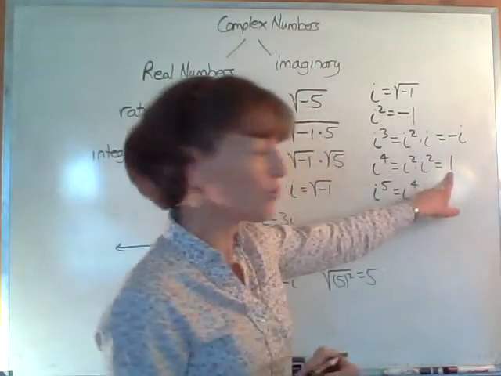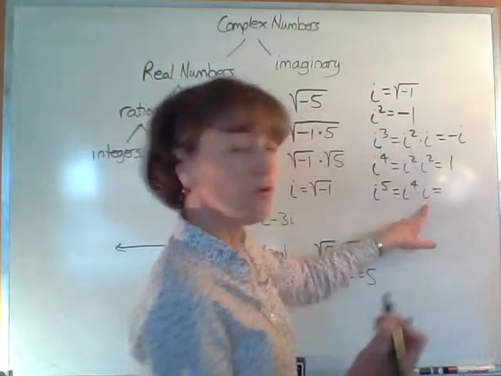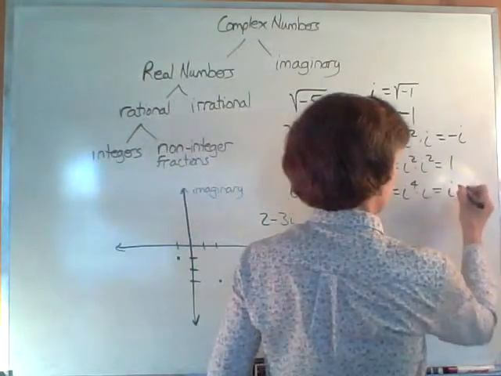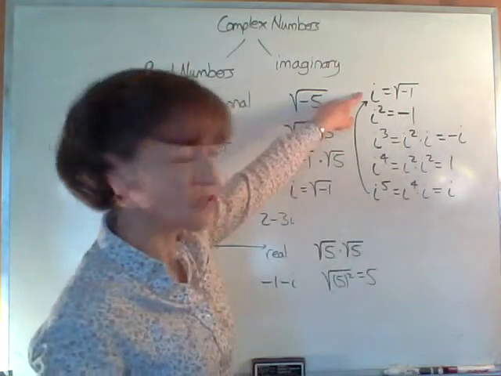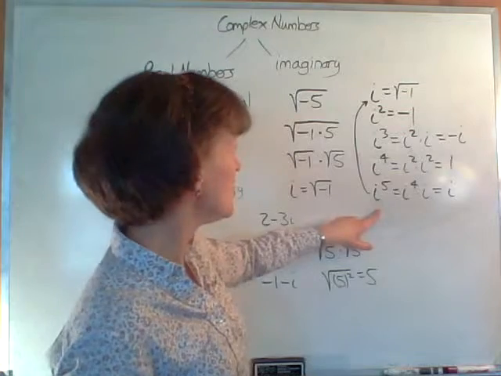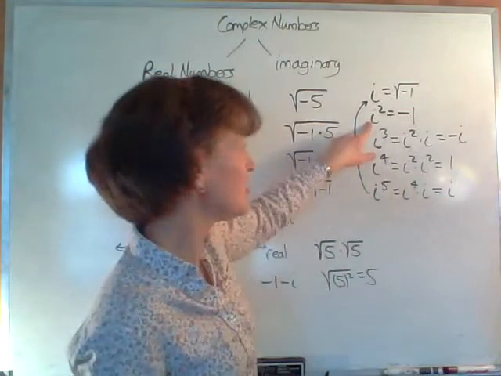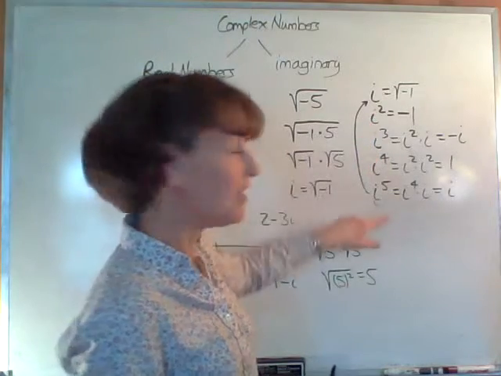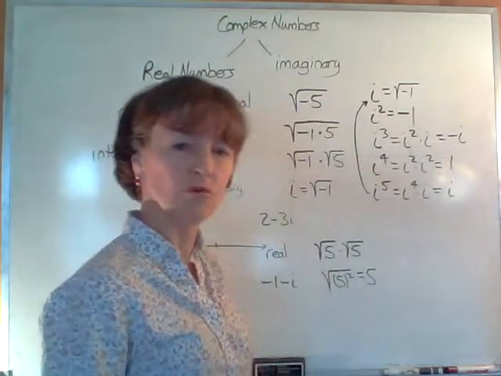Well, since i to the 4th is +1, then i to the 5th is +1 times i, or it's just i. So notice that we have cycled right back up to where we started. i to the 6th power would be i to the 4th times i squared. i to the 4th is 1, so it would be the same thing as i squared, which is -1. i to the 7th would be the same thing as i cubed, which is -i, and so forth.